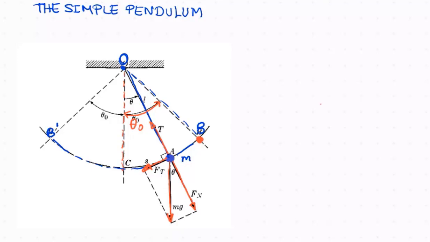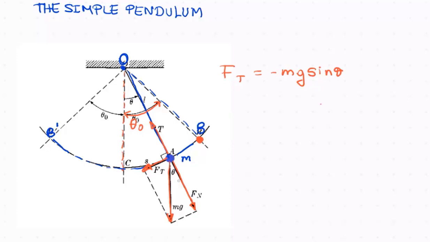Well, let's write the equations to calculate the equation of motion of this problem. First, we say that the tangential force acting on the pendulum is equal to minus mg sine of theta, right?